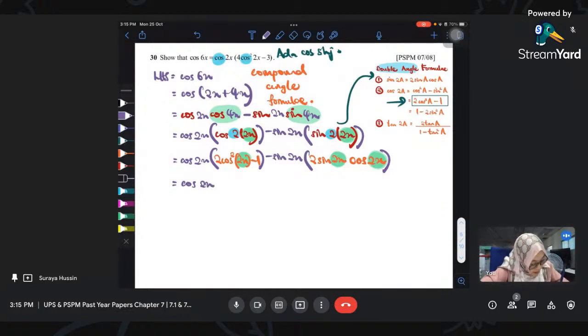Cos 2x times 2 cos squared 2x minus 1 minus 2 sine squared 2x cos 2x.